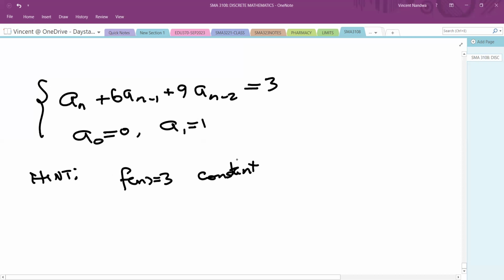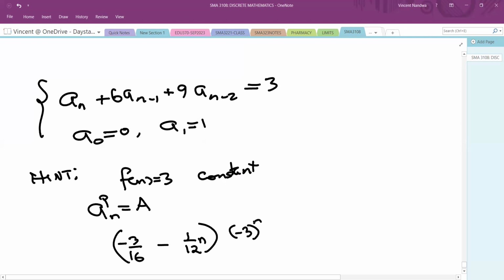So you'll assume that the particular solution is just another constant A. And when you solve this correctly, you'll find that the solution is negative 3 over 16 times minus 3 raised to power n plus 3 over 16. So this is the solution to that particular problem.